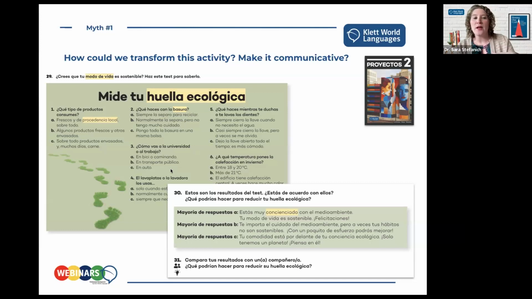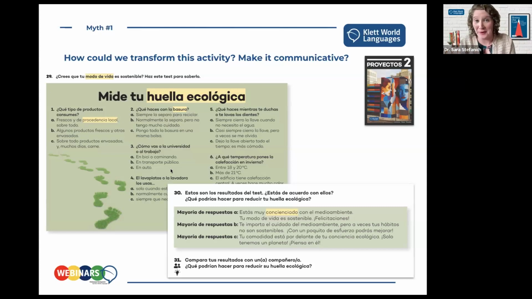So they answer these questions and get their results. Then they're asked, do you agree with your results? And then they work with a partner and brainstorm a list of actions, things that they could do to reduce their carbon footprint. And so students here are forced into interpreting and negotiating meaning because they want answers that best represent who they are.